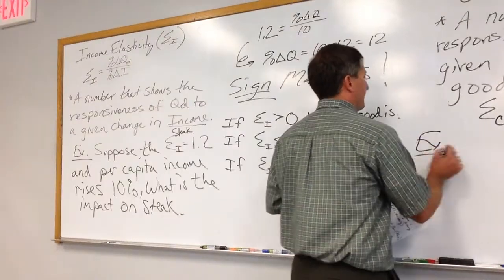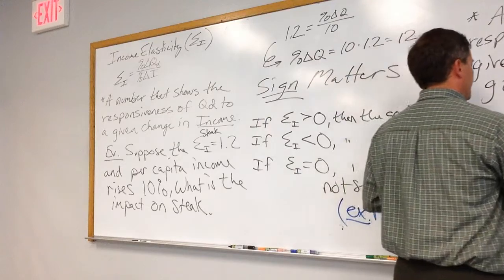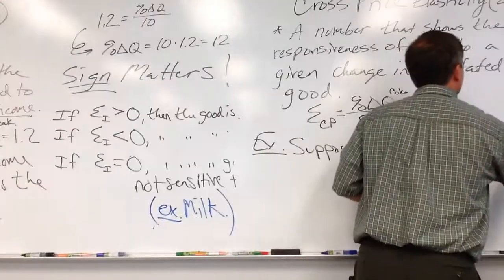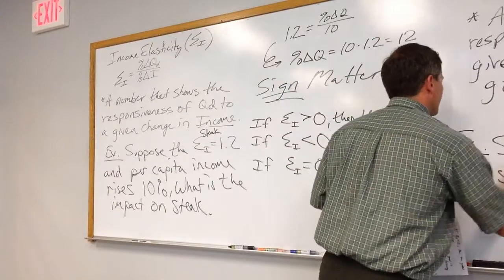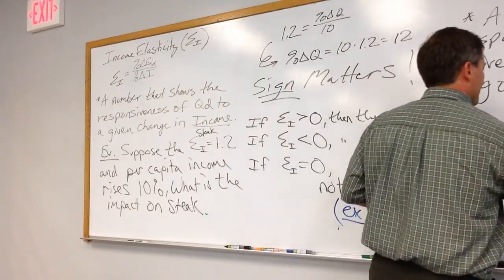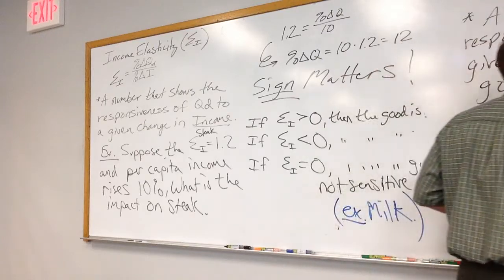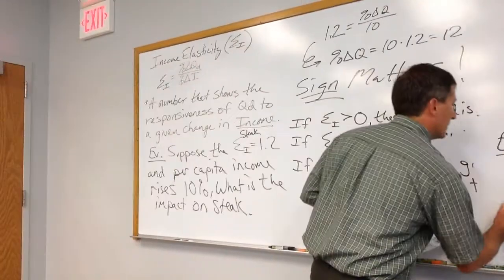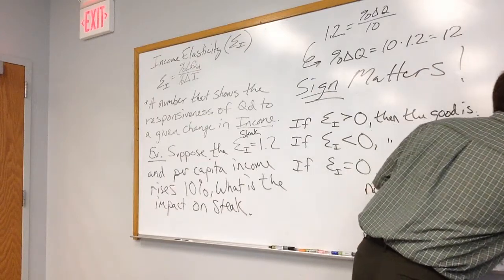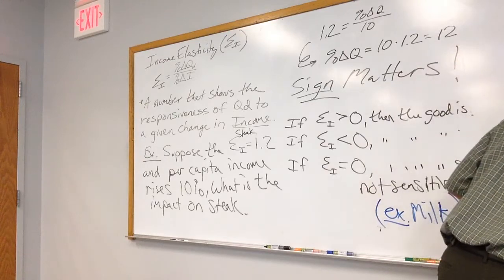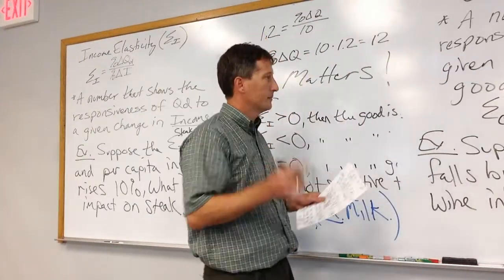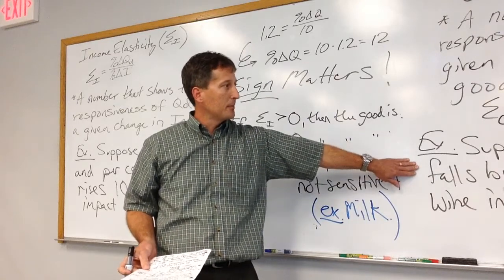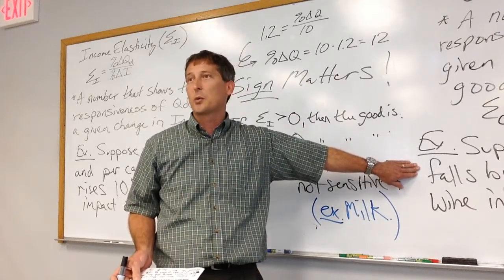All right, so let's do an example with this one. Suppose that the price of beer falls by 10%, and the sales of wine increase 12%.